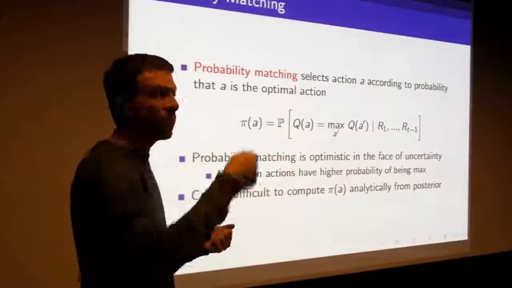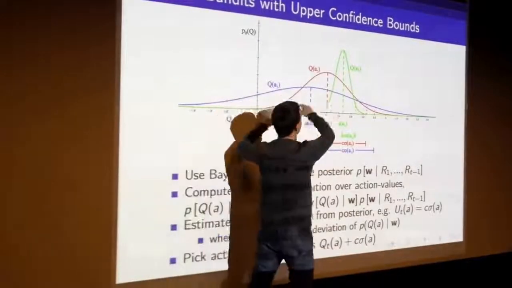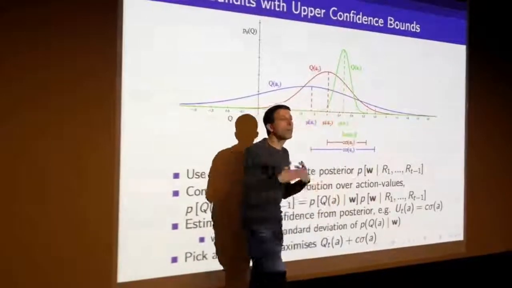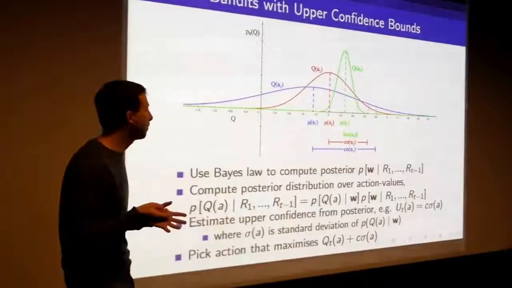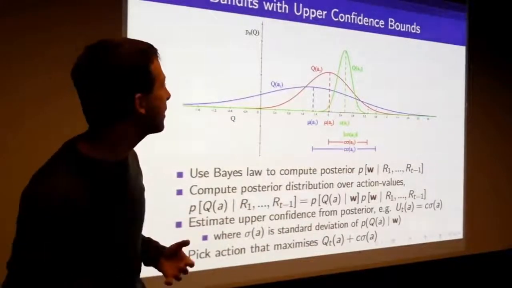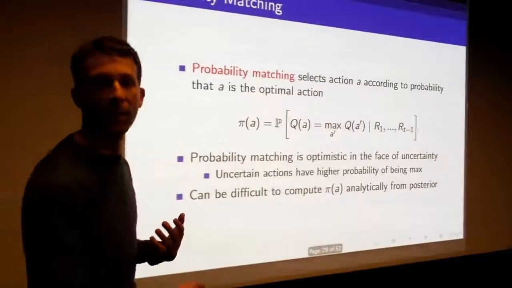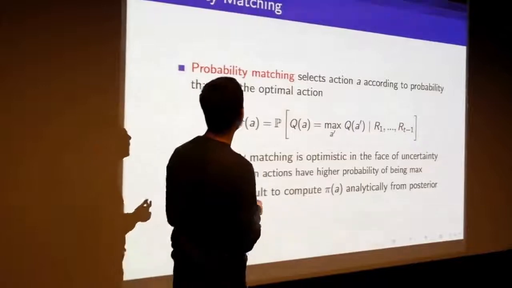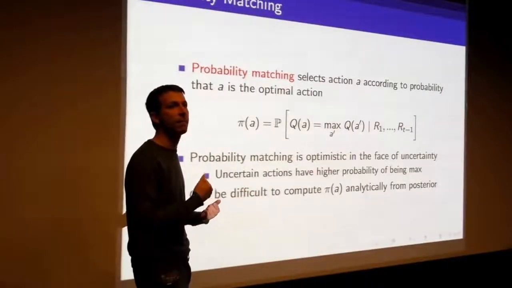Okay. There's a second way to make use of our probability distribution. So if we've computed all of these posterior distributions over our action values, so we've got the blue guy and the red guy and the green guy, there's another way to make use of this information. And this is also true for any Bayesian method. The idea is to do something called probability matching. So this is instead of the upper confidence bound idea. The idea is to select an action according to the probability that that action is actually the best one.